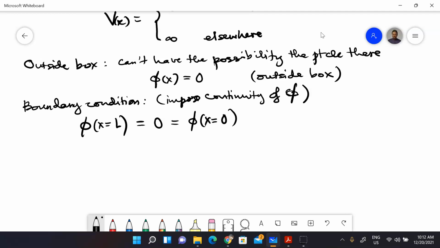So this boundary condition allows the wave function to be continuous at the boundaries.